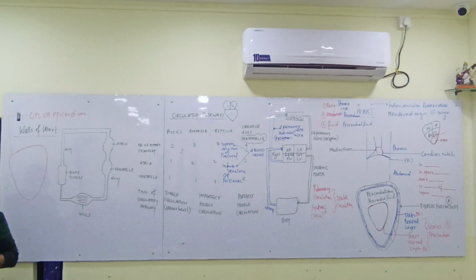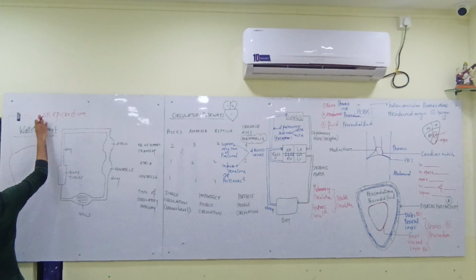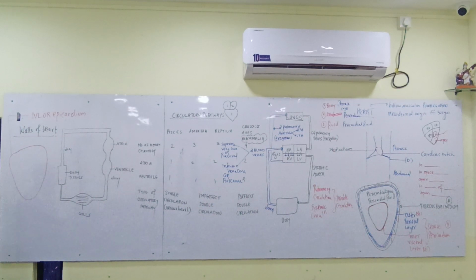One thing to note is that I am discussing the inner visceral layer. The inner visceral layer, which is the innermost layer of the pericardium, is also the outermost layer of the heart wall.